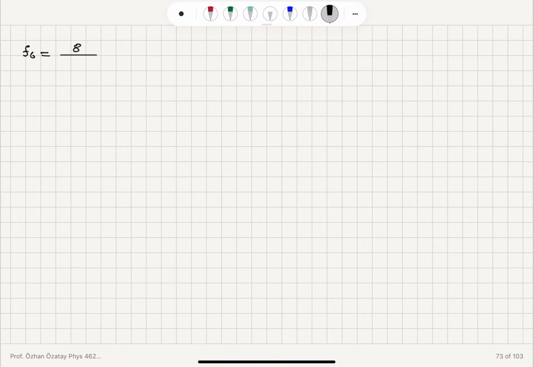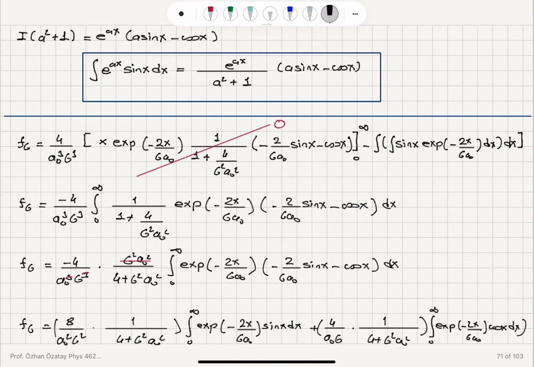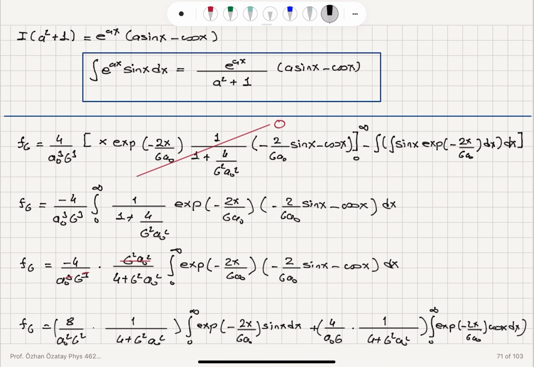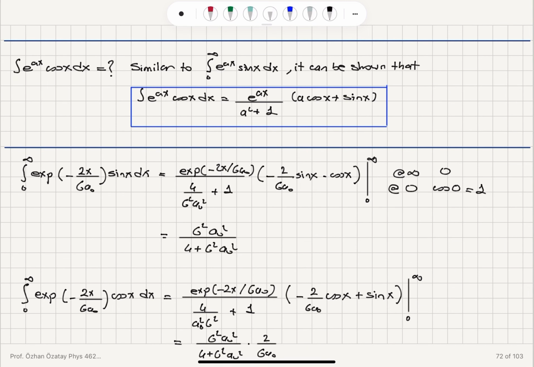over a0 square g square. Then we had a 1 over 4 plus g square a0 square times 1 over 4 plus a0 square g square. And then we had an integral of exponential minus 2x over ga0 sine x dx between 0 and infinity.